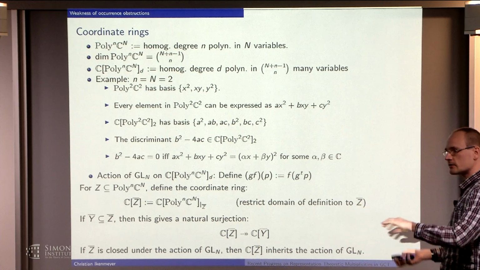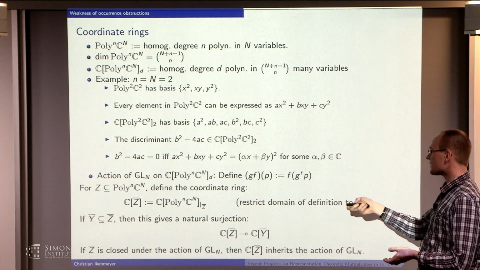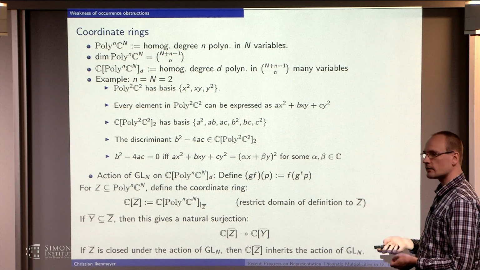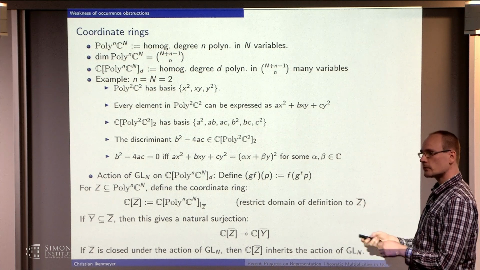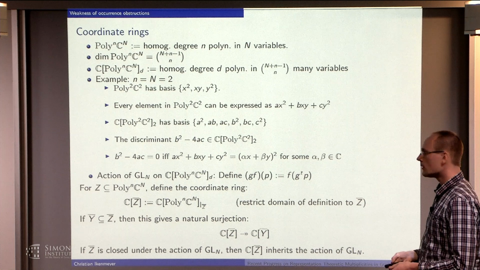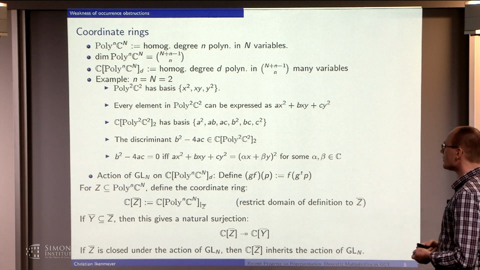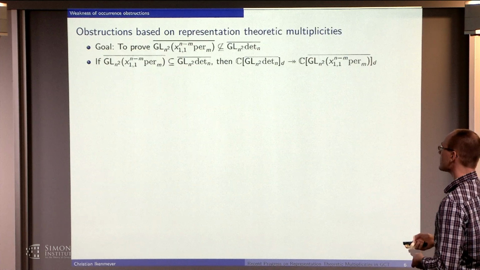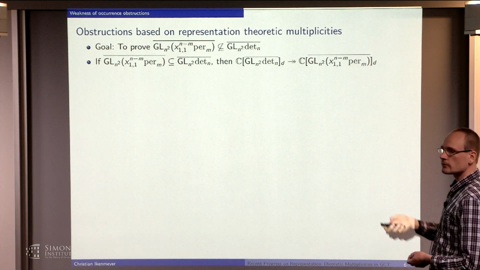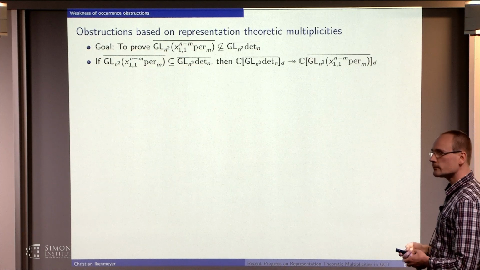GL_{n^2} det_n is your orbit, and it sits as a subset of Poly_n C^N. Here capital N is n squared. Because here you also have a GL capital N, and on the next slide you have a GL little n squared. All right? It's good?